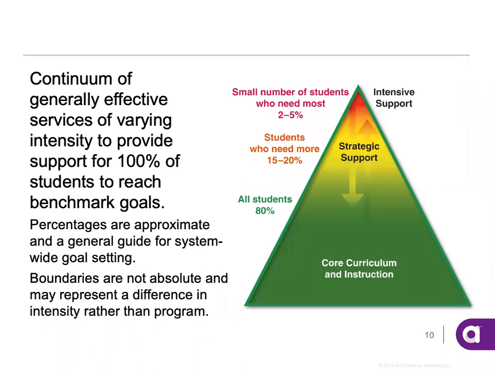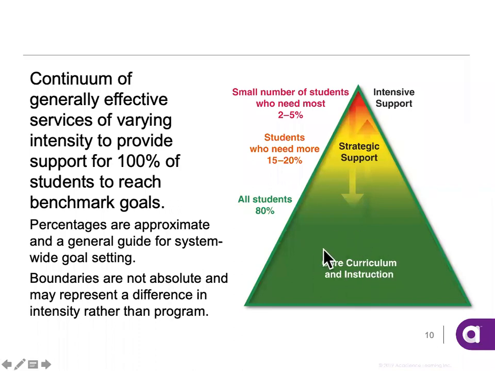What we are attempting to do here with this comprehensive school improvement framework is efficiently match student needs to instructional support. And this is based in a public health model. This is designed to represent 3 tiers of instructional support. And when it comes to reading, 3 tiers of prevention.